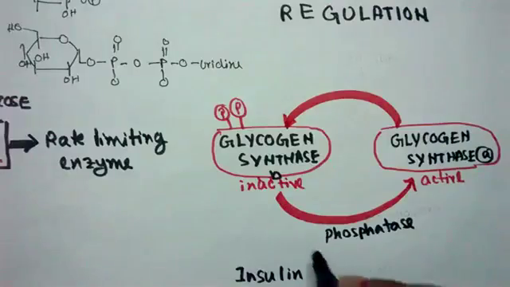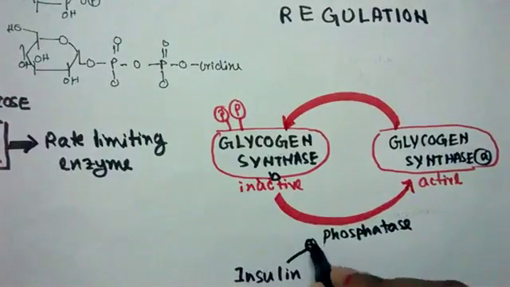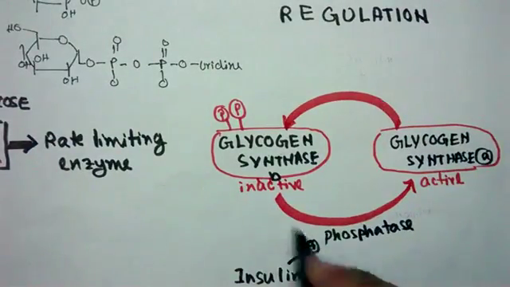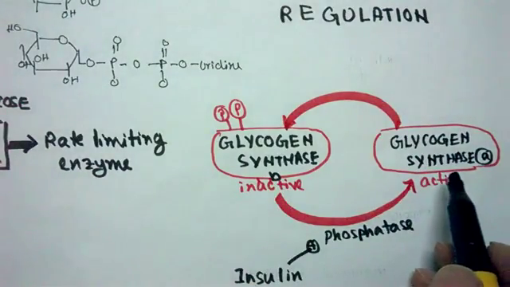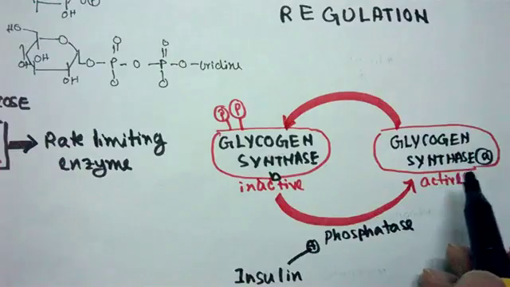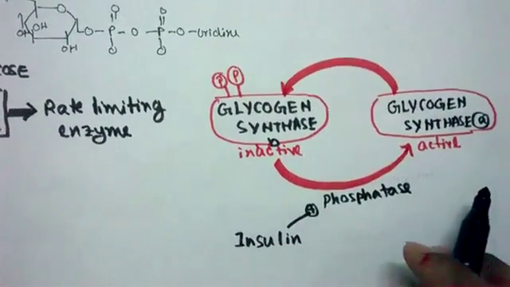Insulin triggers the activity of phosphoprotein phosphatase, and thus the inactive form of glycogen synthase gets activated, and ultimately the glycogenesis reaction takes place. Glucose gets converted into glycogen.